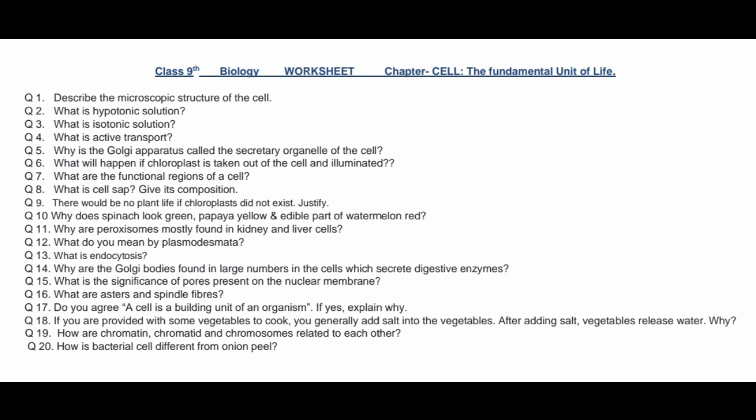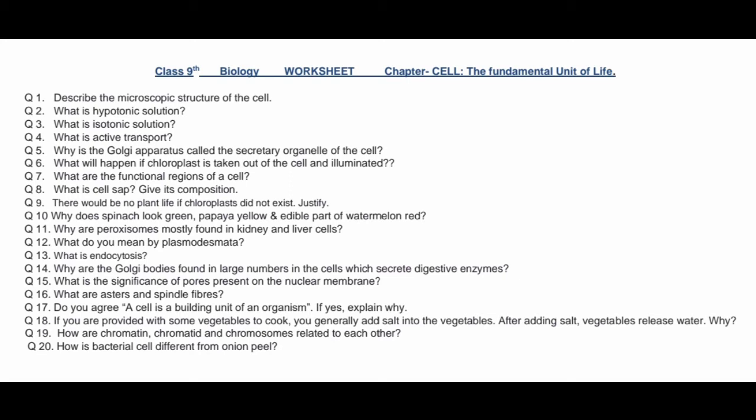Since spinach contains chlorophyll, that's why it is green in color. In papaya, carotene is present, which gives its yellowish to orange color. And in watermelon, xanthophyll is present, which gives its color red. Got it? Okay.